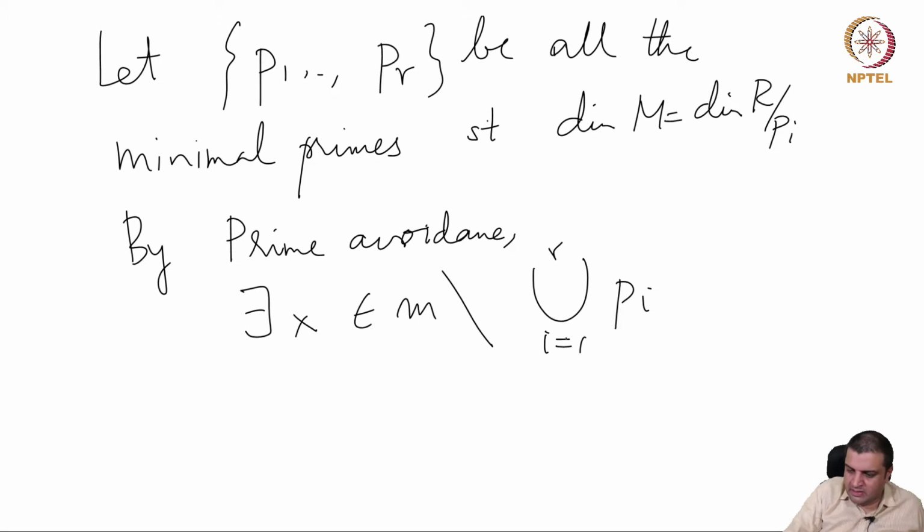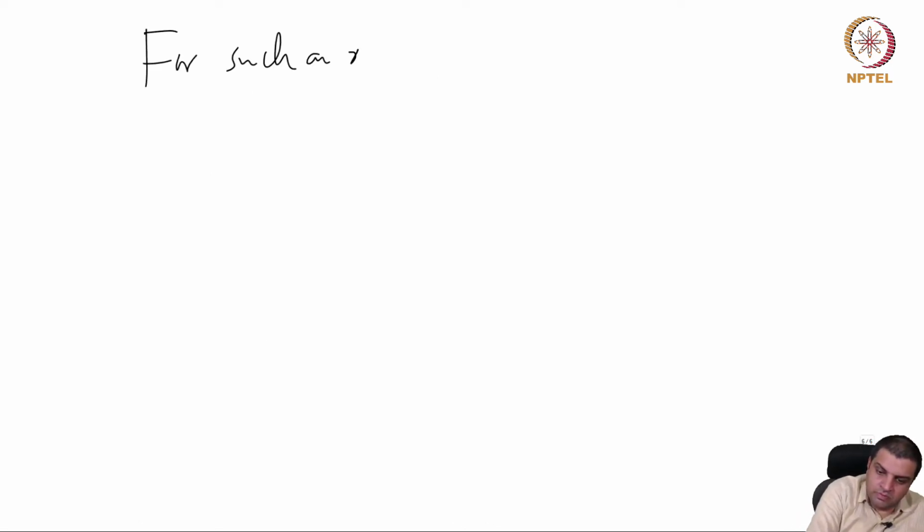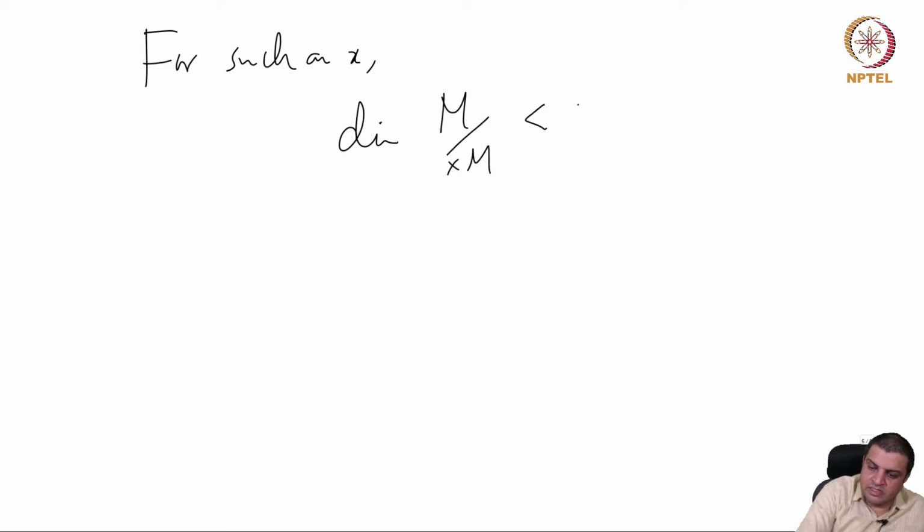And there are strengthenings of this. We don't need all of them to be prime, which you should have done in the exercises. So there exists an x with this property. Now for such an x, dimension of M mod xM is strictly less than dimension of M.